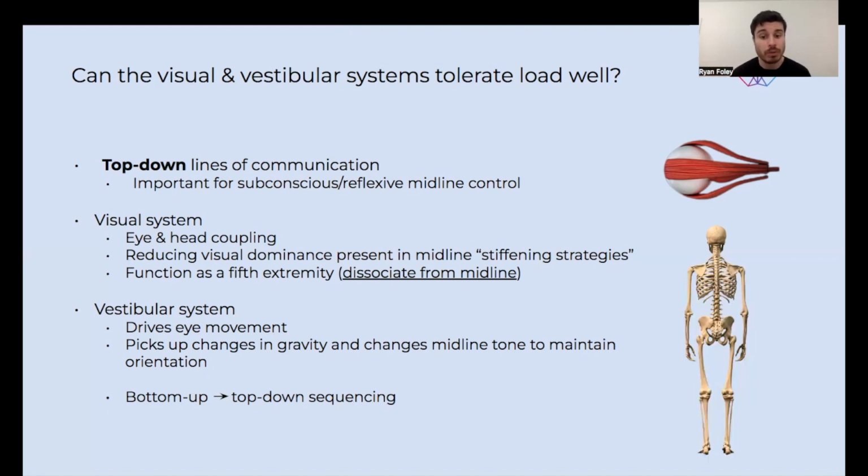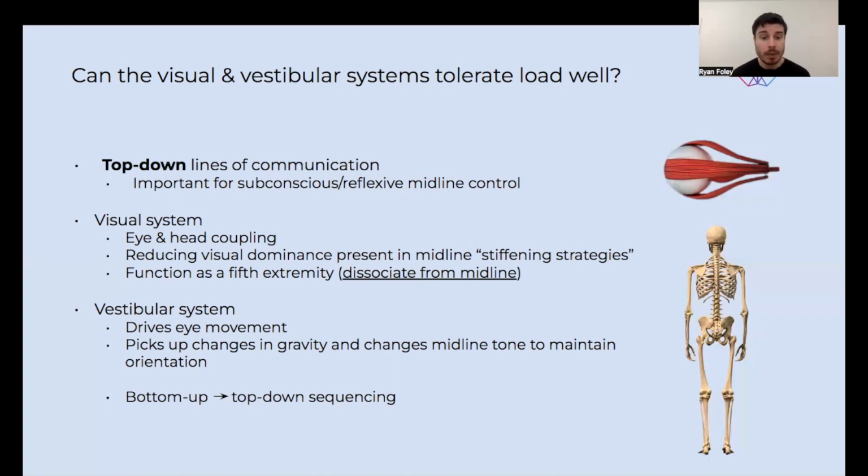So they contribute to good perturbation control or disturbance control. So if, for example, we can't anticipate those forces through the visual system, we may experience more forces acting on our anatomy, or it may be a case where we're not able to respond as quickly to those impending forces. Okay, and this is becoming a very important feature in the research that's being considered during ACL rehab, for example.